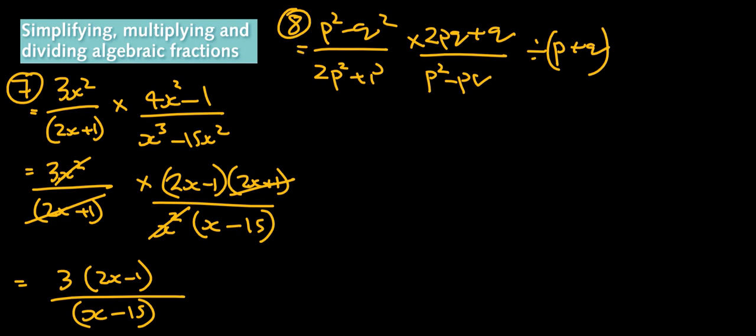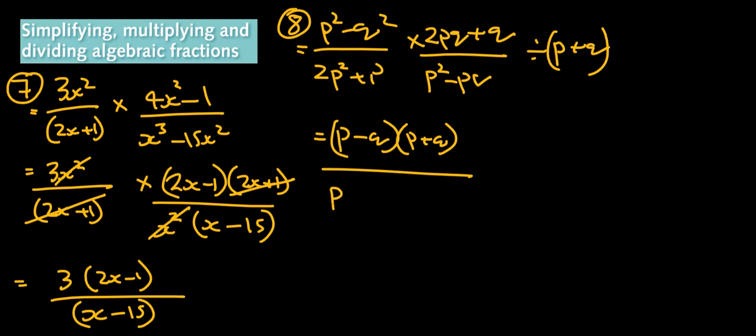Okay, so let's have a go at number 8, difference of two squares. Take a p out here to give 2p plus 1. We can take a p out here, give 2q. No, we can't.